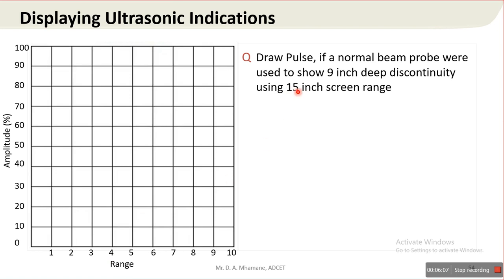So the question is: draw the pulse if a normal probe were used to show a 9-inch deep discontinuity using a 15-inch screen range. So here on the x-axis, 10 divisions are there.